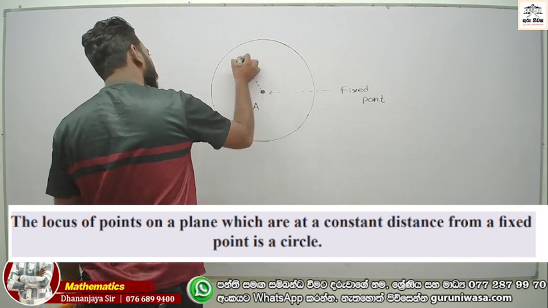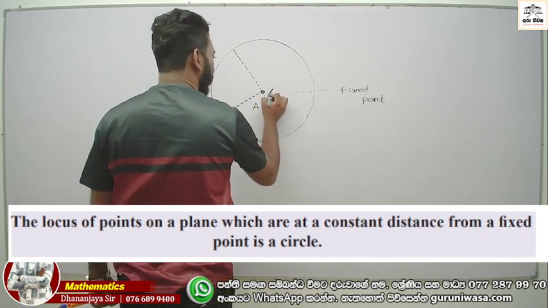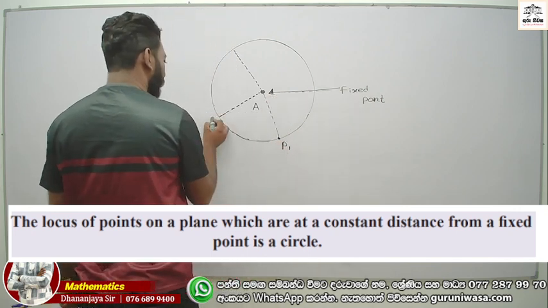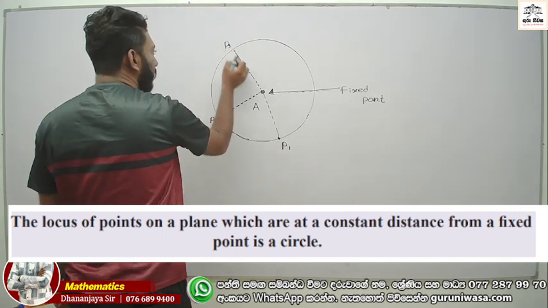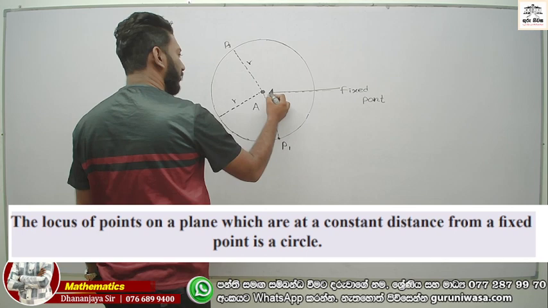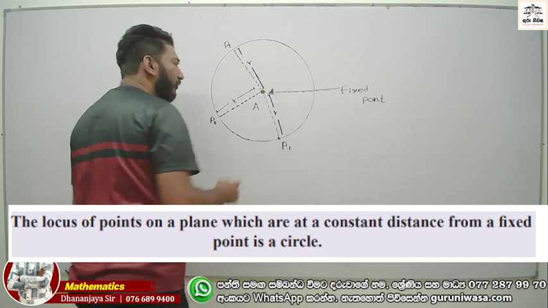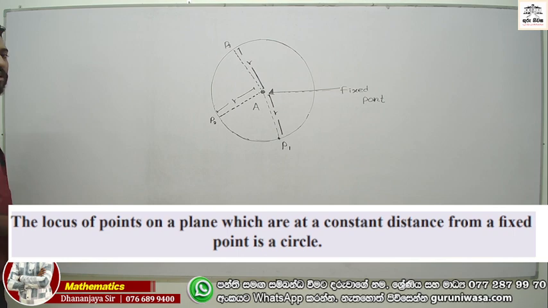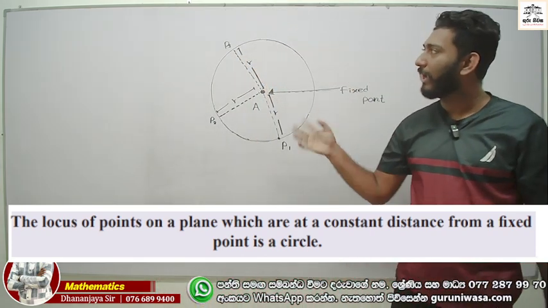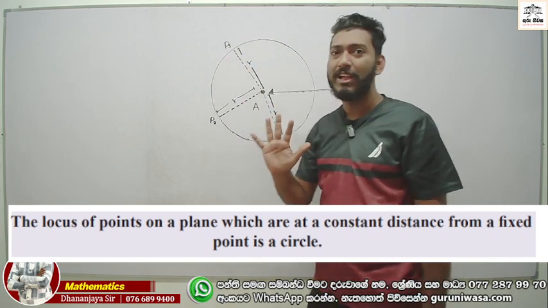Here to here, here to here, here to here. If we take any point, P1, P2, P3, it is the same distance. This we call R, R, R. Right? The same distance. From here to every point there is an equal distance. That's equal points. A to P1, A to P2, A to P3. The points lie on the circumference, right? And this is the first locus, right?